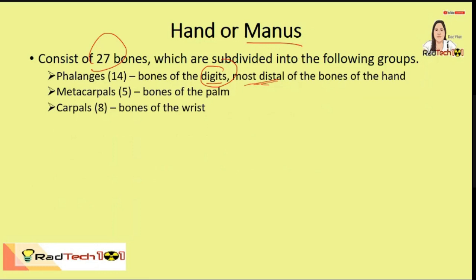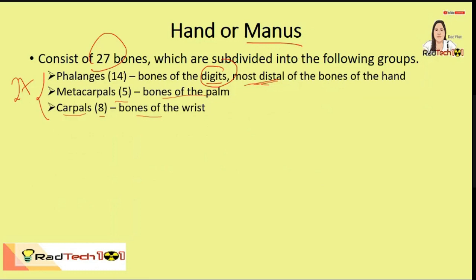Then we have metacarpals, 5. So this comprises the bones of the palm, and then the carpals, which is 8. So this comprises the bones of the wrist. So 14 plus 5 is 19, plus 8, this is 27. 27 for one hand or one manus.